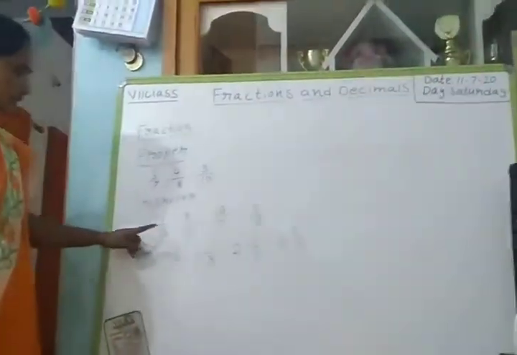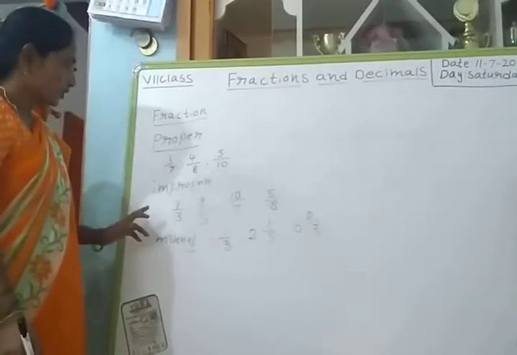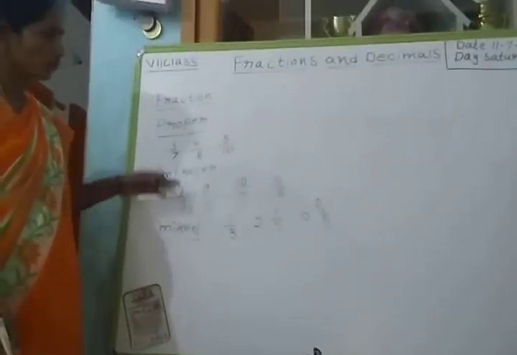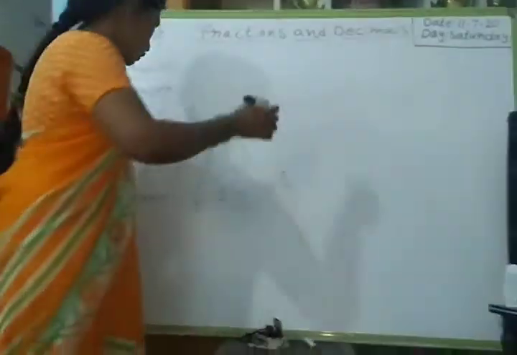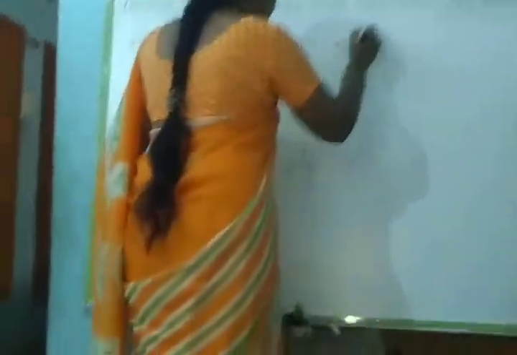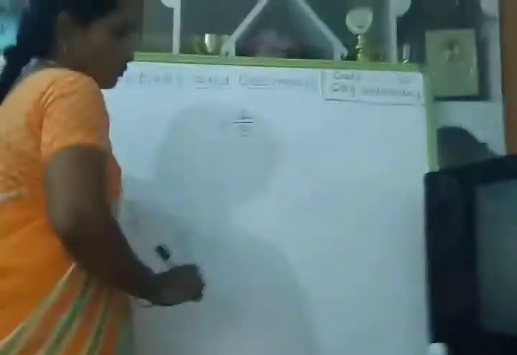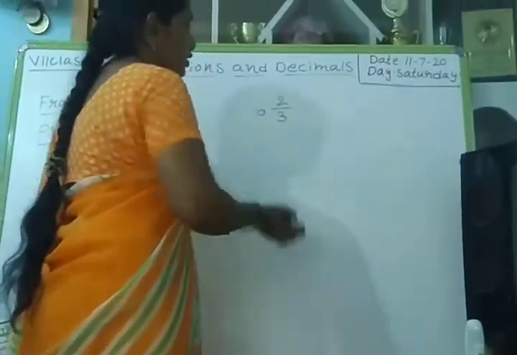Yesterday we discussed that we have one facility in fractions. Improper fractions can be converted into mixed fractions, and mixed fractions can be converted into improper fractions. Let us recall that. For example, take 6 2 by 3, a mixed fraction. How will we convert it into an improper fraction?